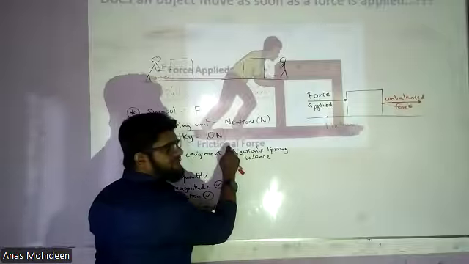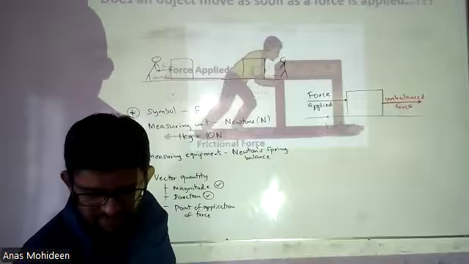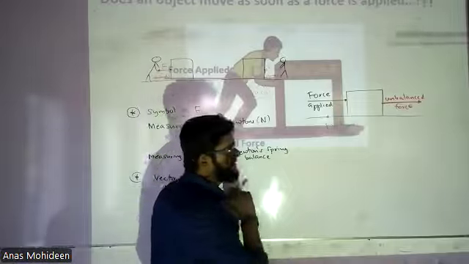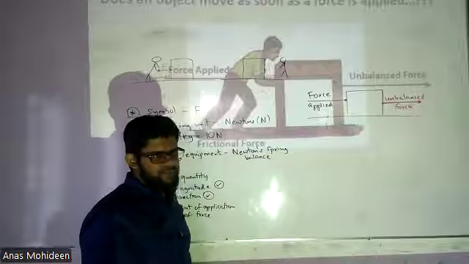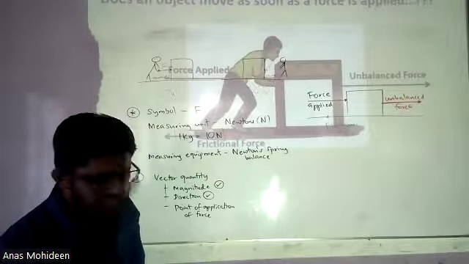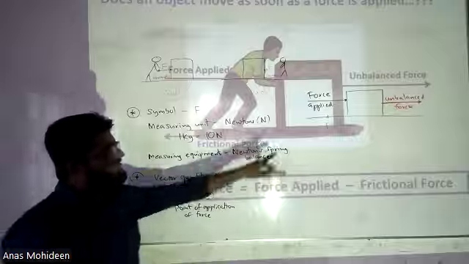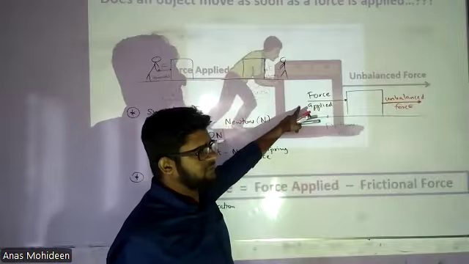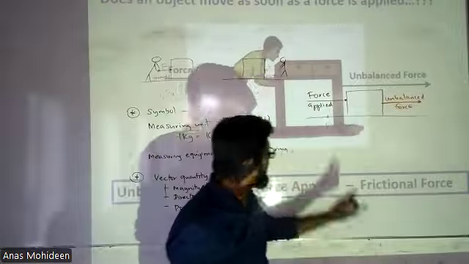Now, when you overcome this opposing force, the excess becomes the unbalanced force. What will be its direction? It will be in the direction of the force you apply. Accordingly, the object keeps moving. So how do you find out this unbalanced force? If you consider the force you apply as the positive direction, because that is the direction the unbalanced force should be moving, then the frictional force should be in the opposite direction, minus. So unbalanced force is equal to the force you apply minus the frictional force.